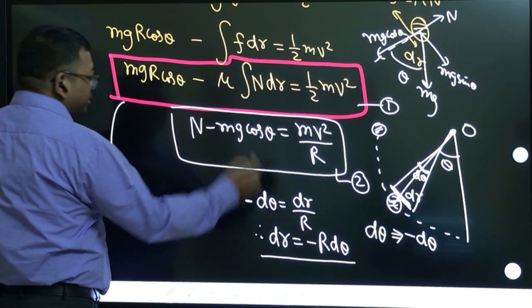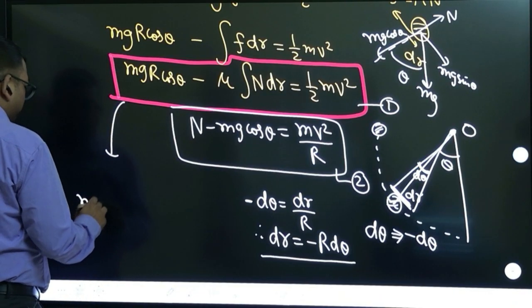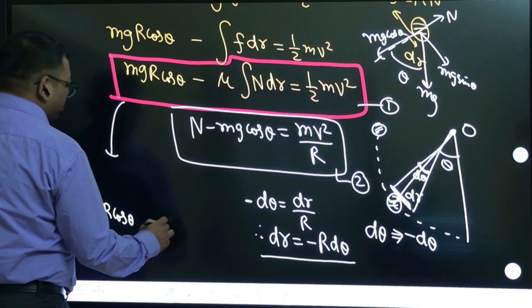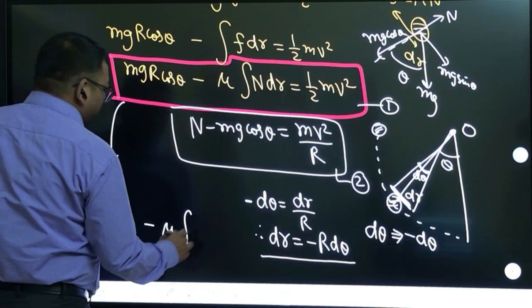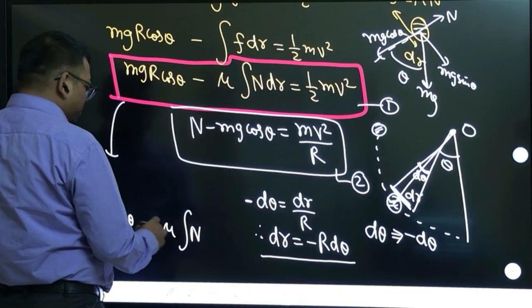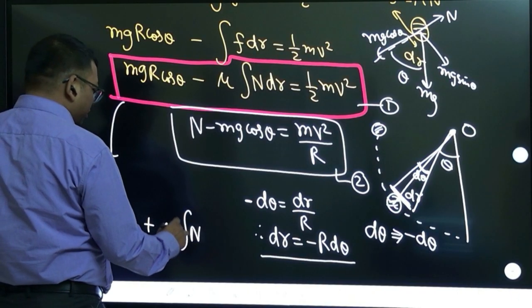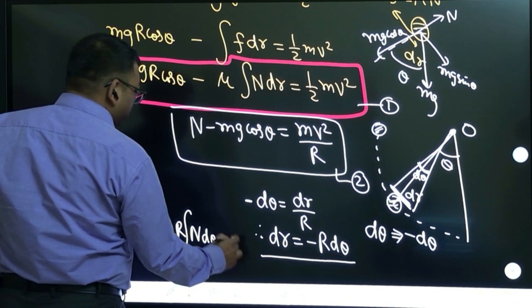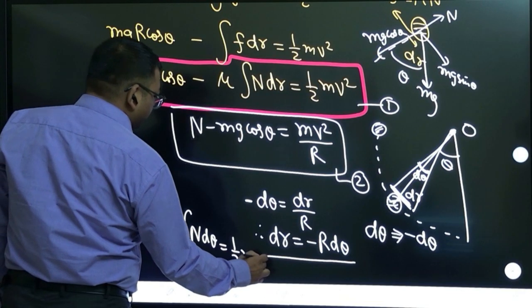So first let me modify this equation. Instead of dr, we will substitute that. So mg r cos theta minus mu r, and dr I am going to write as minus, so plus will become, r is constant, comes out, d theta will remain here. Okay, is equal to half m v square, right?